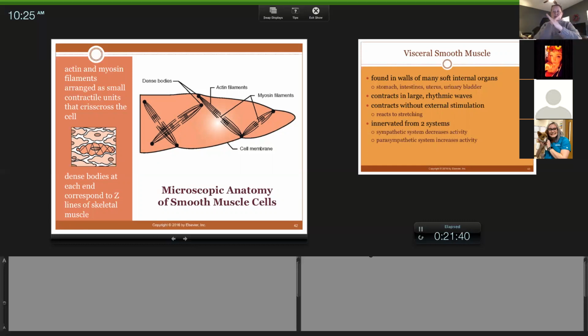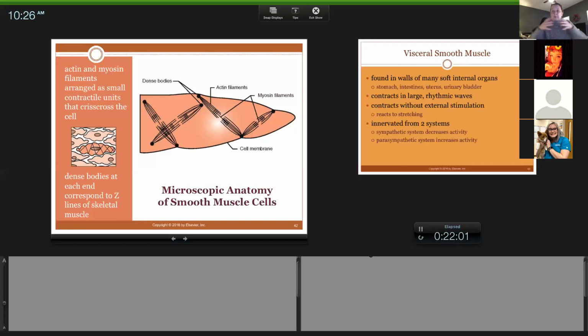Here's actin and myosin, and here's actin and myosin. When they contract, they pull the muscle into a ball. If you think about one of those round little purses or a satchel, and you pull the strings and you got the circle and then it cinches in the middle, that's literally what it does.